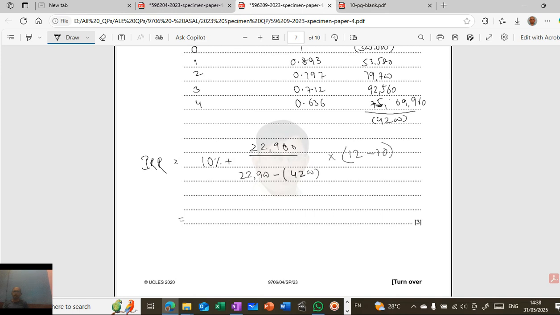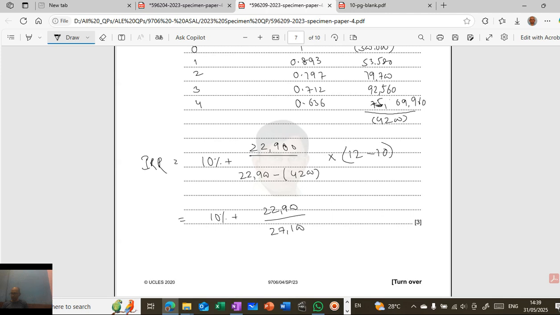So 10% plus 22,900 upon 22,900 plus 4,200, minus of minus is plus, which is 27,100.